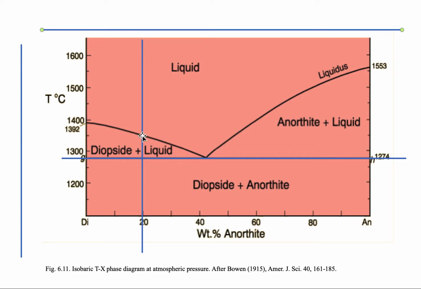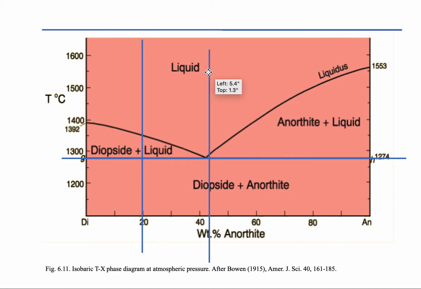As this is happening, the liquid composition is going to migrate down this curve. So if we have a bulk composition here and we create crystals over here, we're pulling diopside out of the liquid, and that's going to force the liquid to become anorthite rich. So the liquids will migrate down this curve until they hit the eutectic.